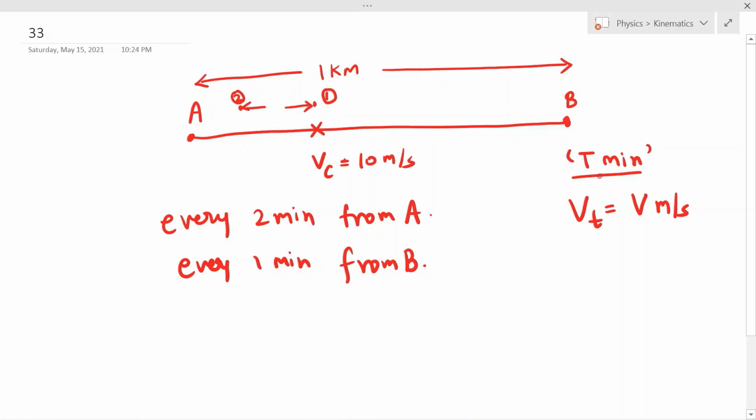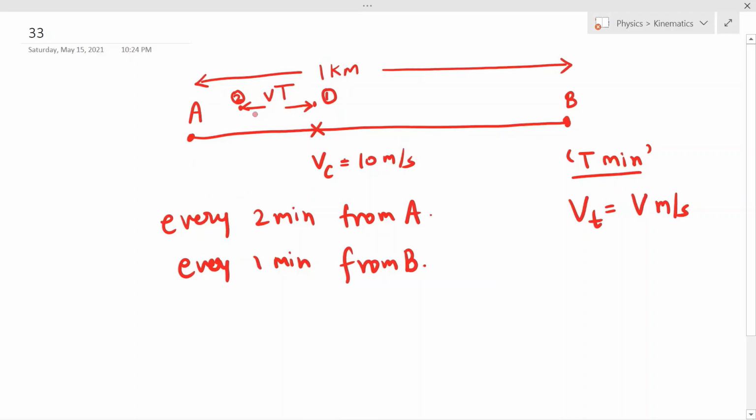Every t minutes the cab leaves from position A. So after cab 1 has left, t minutes after that cab 2 has left. So this distance will be the velocity of the cab V times t. So cab 2 is Vt apart from cab 1.